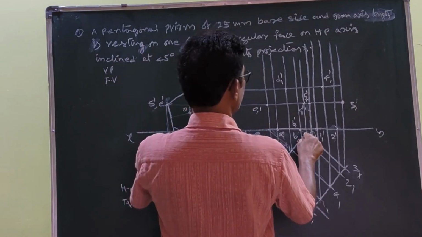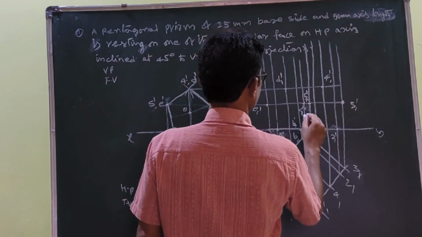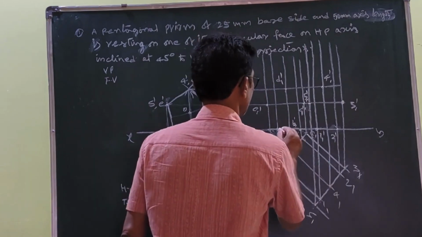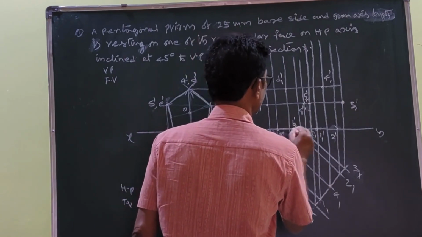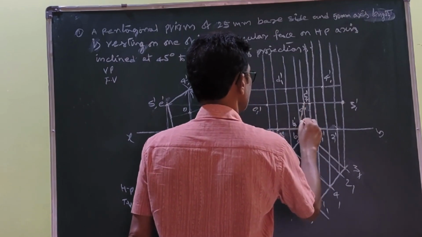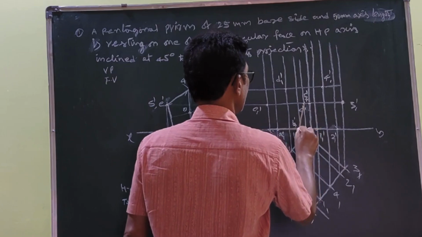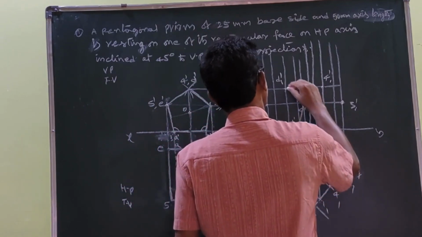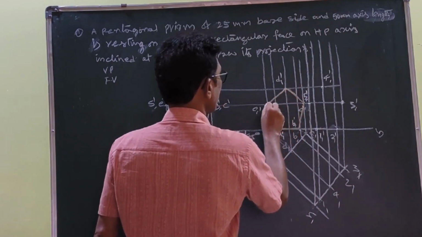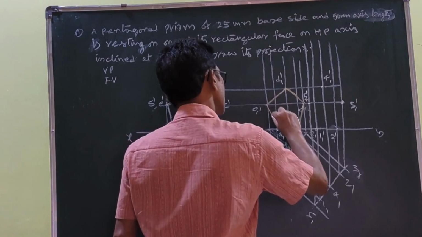Where is C1? C1 is also identified. So you join this: A dash to A1 dash to B1 dash, B1 dash to C1 dash, C1 dash to D1 dash, D1 dash to E1 dash, E1 dash to A1 dash.